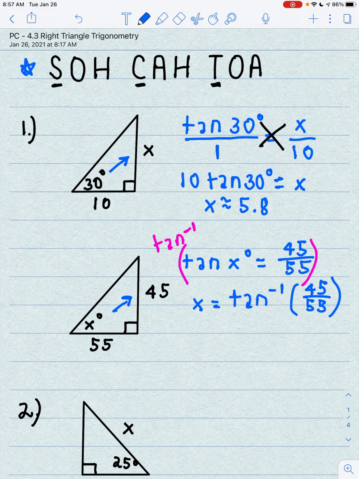You might need to put that in parentheses. And then let your calculator do the work. And once you've done that, you should be able to get the angle, which is 39 degrees. So that's examples of where we need to use the tangent function.